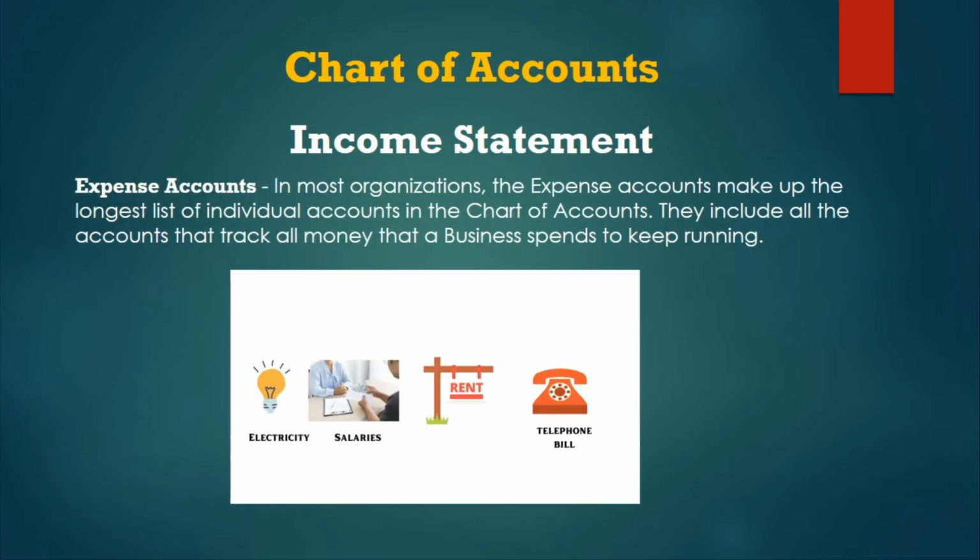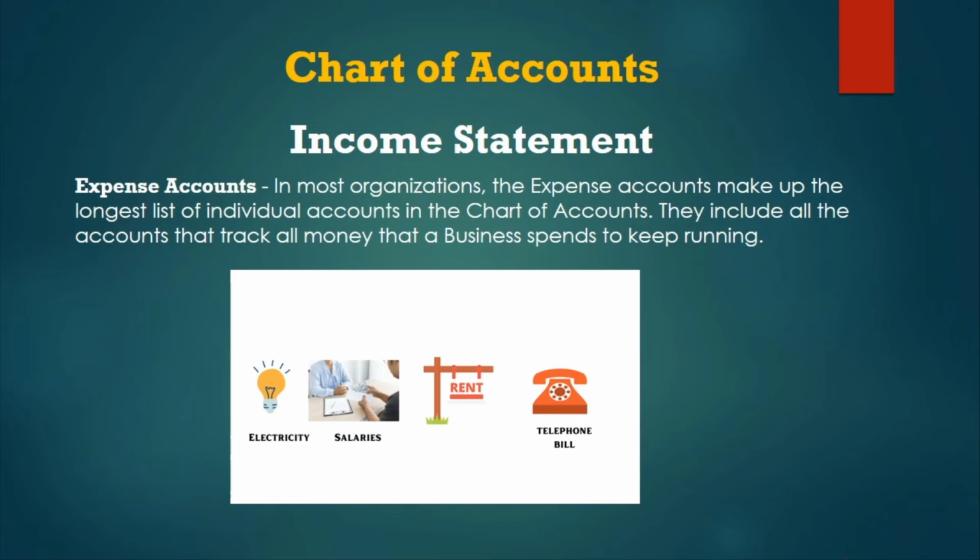At the same time, the expense: in most organizations, expense accounts make up the largest list of individual accounts. The chart of accounts includes all the accounts that track all the money a business spends to keep running. See, the main purpose of spending money on the business is to run the business.